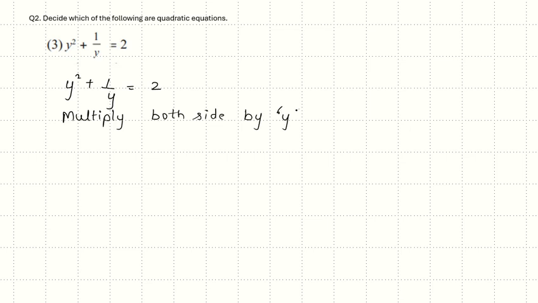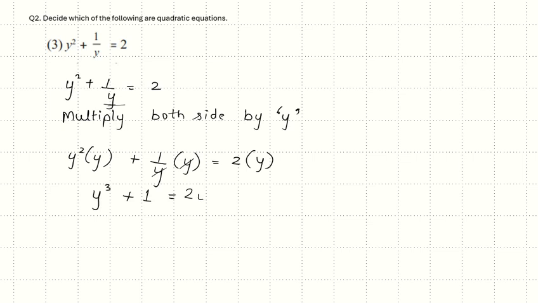Because y is in the denominator and we need to remove it from the denominator. So if we multiply by y, y square into y plus 1 upon y into y is equal to 2 into y. We get y square into y as y cube, plus this y and this y will get cancelled. We get 1 is equal to 2 into y, which is 2y.